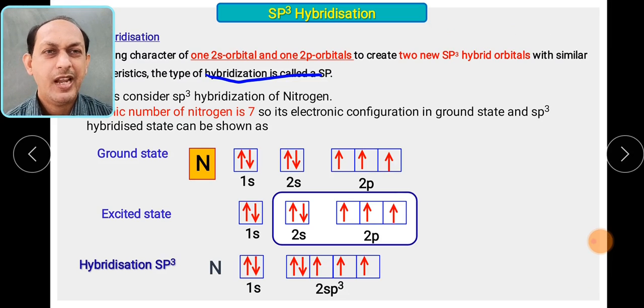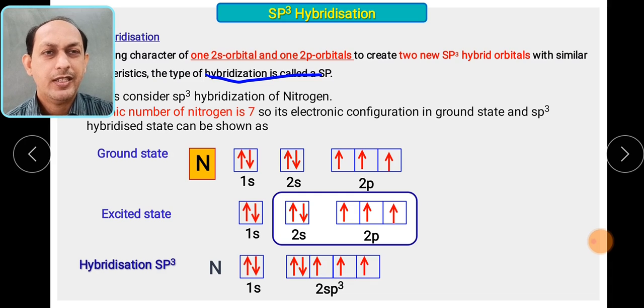For sp3 hybridization, the one 2s and three 2p orbitals have equivalent energy, so they mix to form the four new sp3 hybrid orbitals, out of which one sp3 orbital has 2 electrons, also called an electron pair.